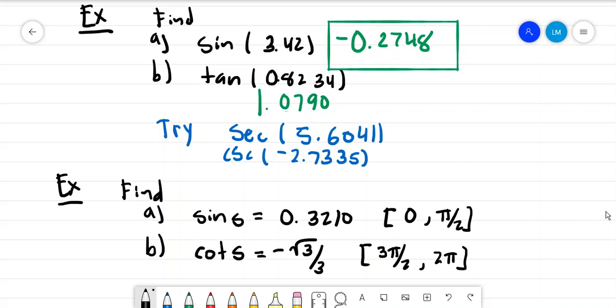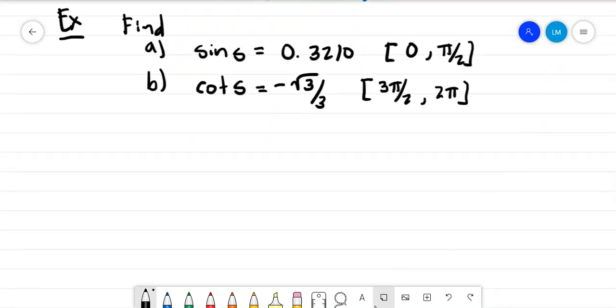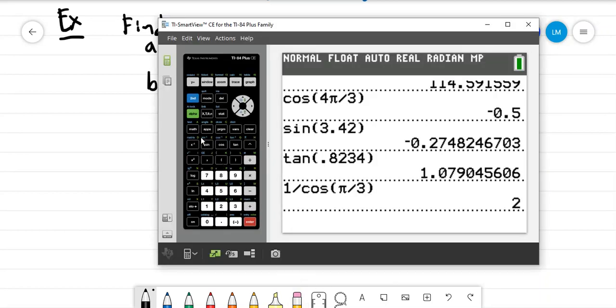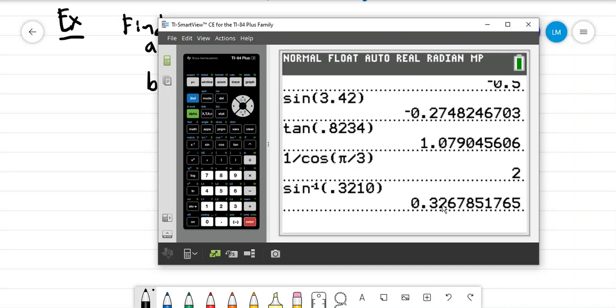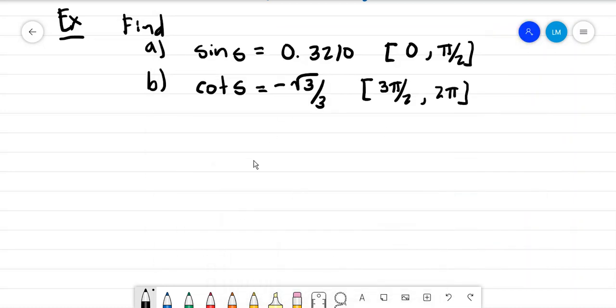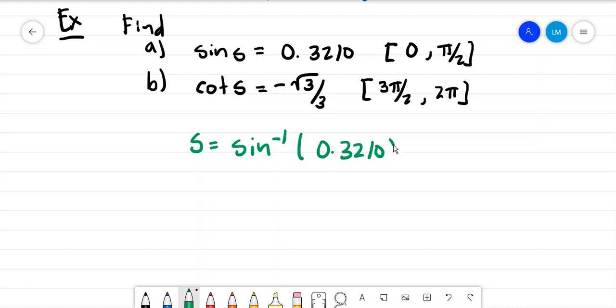Now, with the first one, that's actually easy because you're going to take sine inverse of the value 0.3210, and let's go ahead and just round to 4 decimal places. So again, s is equal to sine inverse of 0.3210, and this is approximately 0.3268.